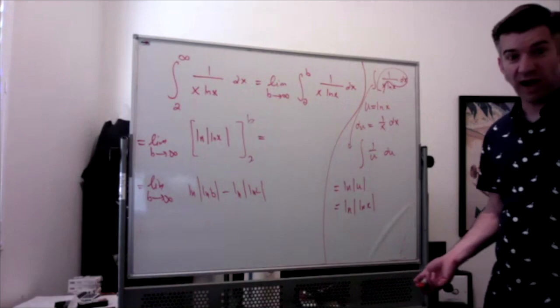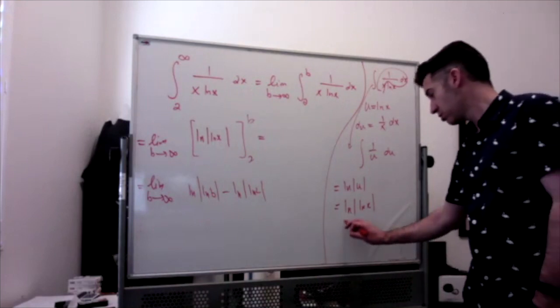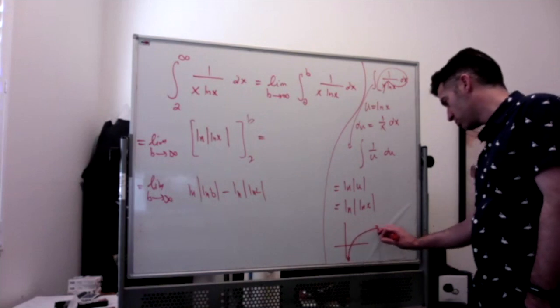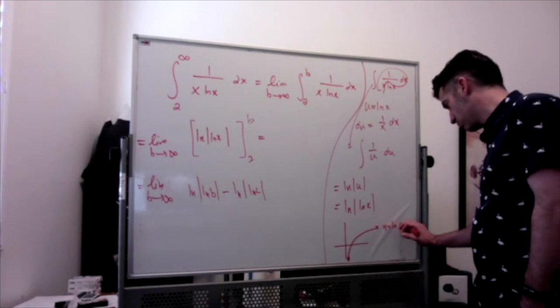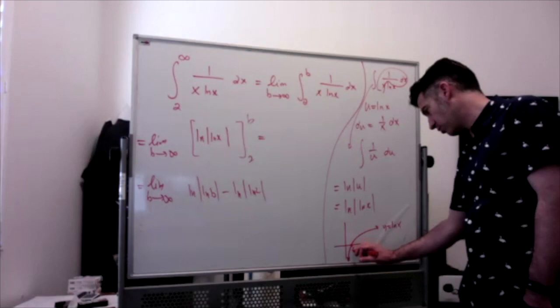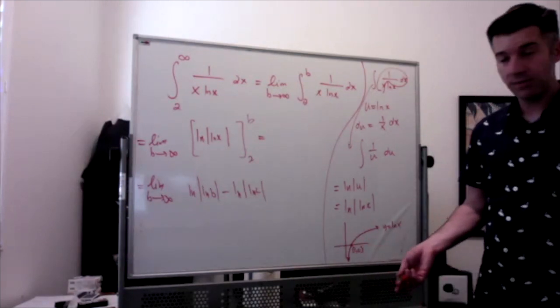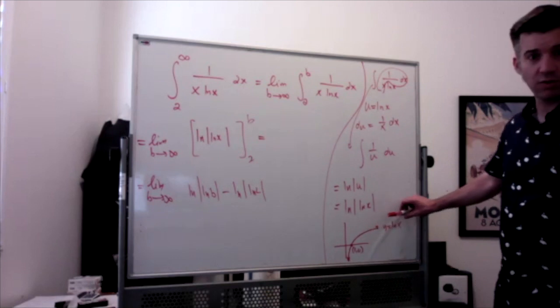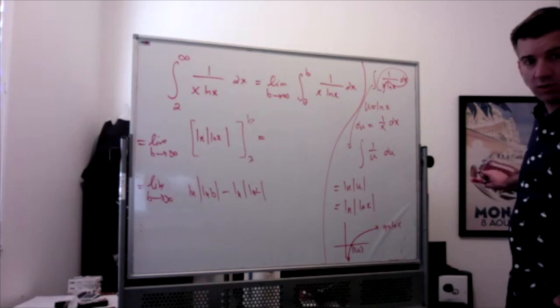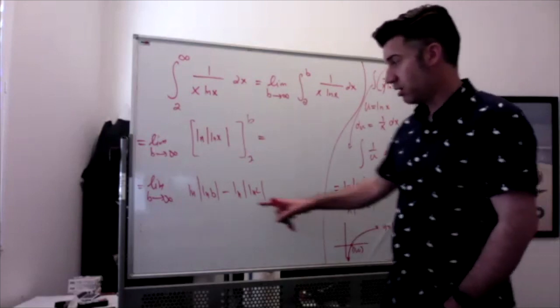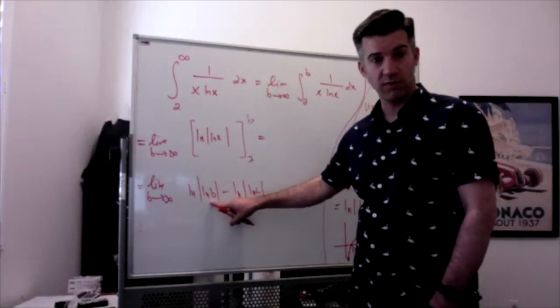We think about the graph of the logarithmic function, which has an intercept at 1, 0. Although it goes very, very slowly, it does just keep getting larger and larger and larger. So as b goes to infinity, the natural log of b also goes to infinity.